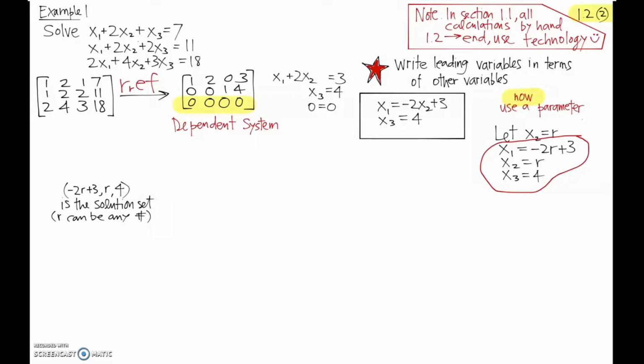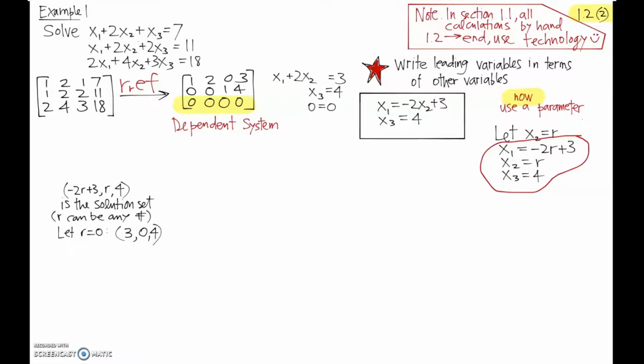Now I'm going to look at some specific examples, like let's say let r equal 0. What happens? Then that particular solution would be negative 2 times 0 plus 3, r is 0, and x3 is still 4. And so let's check this and see if it even works in the original system.